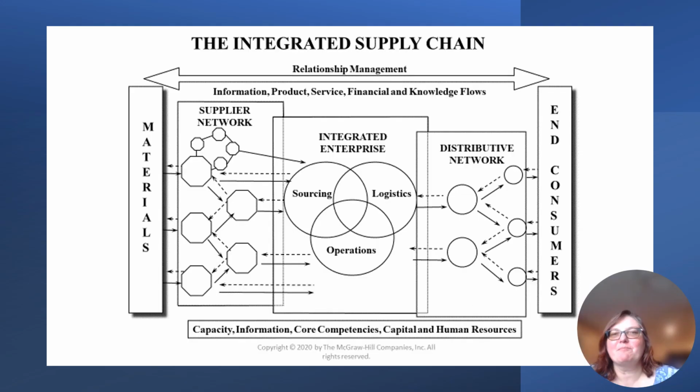Chapter 1 talks about the integrated supply chain. And it really goes into a very detailed map of the integrated supply chain as it resides today. As you can think about it from the supply chain, you first have your materials here on the left. Let me get my pointer out here and put it in red.